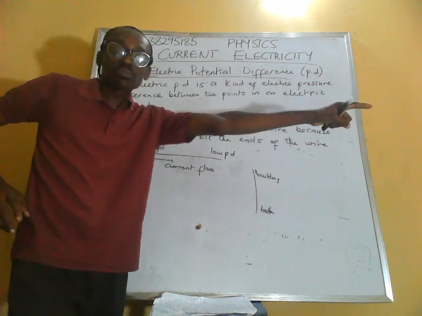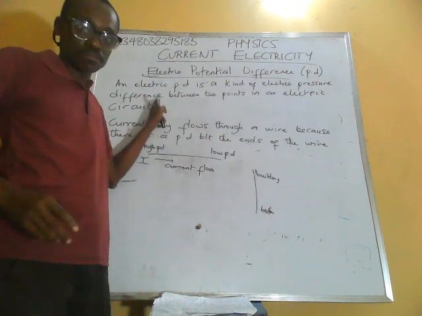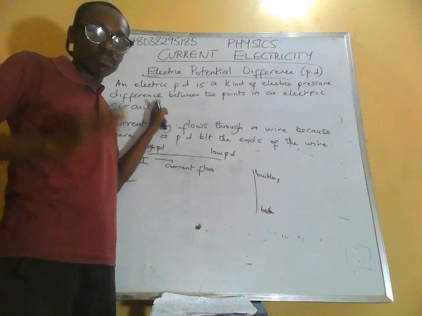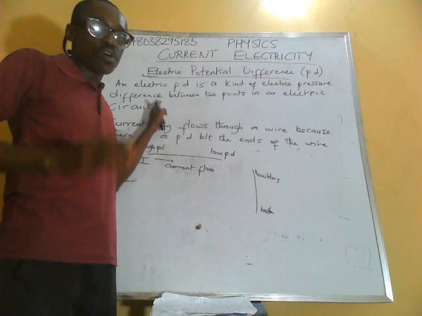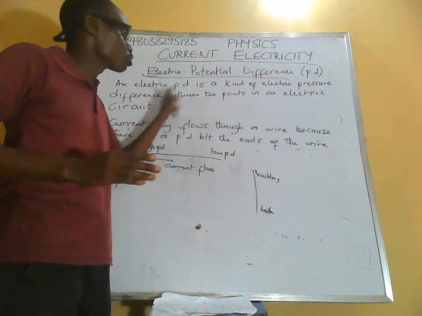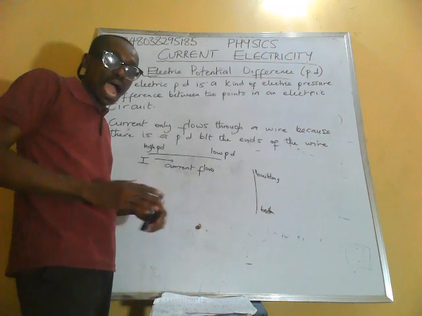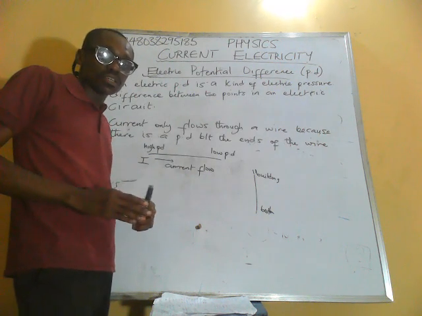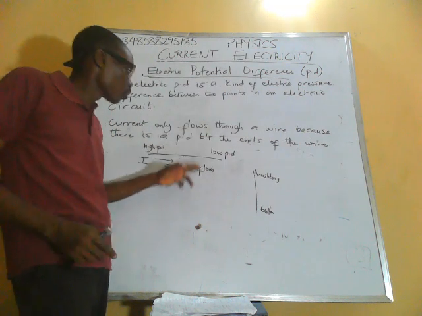That one must be lower. So that's why we say it's a kind of electric pressure difference. For water to flow, there must be a pressure difference. For current to flow, there must be an electric pressure difference between 2 points in an electric circuit. Where it is flowing from must be at a higher potential compared to where it is flowing to.